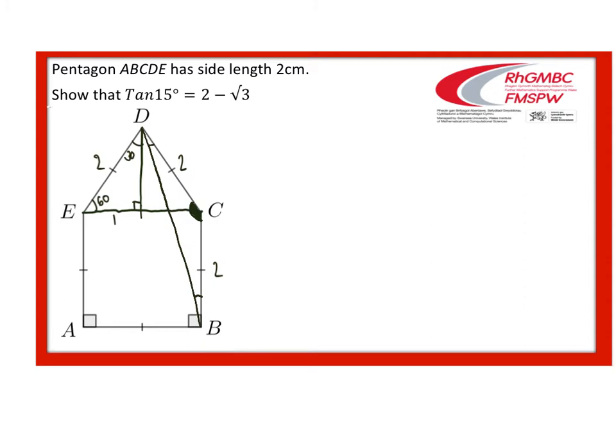Now, I know at angle C, that's a 90-degree angle plus a 60-degree angle. So that's 150 degrees. And that means that we've got 30 remaining to split between these other two angles. So I get 15 degrees and 15 degrees. So now I've got that 15-degree angle, but I still haven't got it in a right-angled triangle.